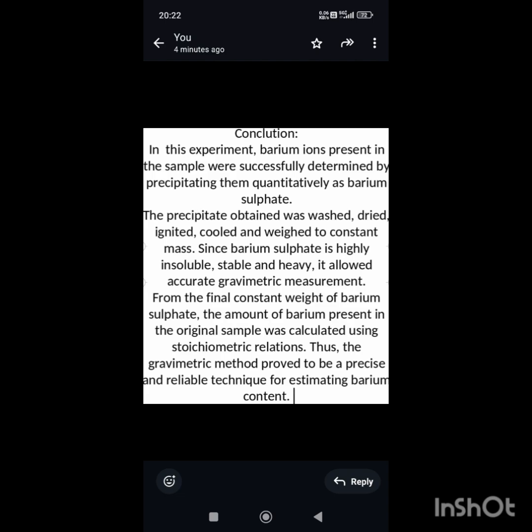Since barium sulfate is highly insoluble, stable and heavy, it allowed accurate gravimetric measurement. From the final constant weight of barium sulfate, the amount of barium present in the original sample was calculated using stoichiometric relations. Thus, the gravimetric method proved to be a precise and reliable technique for estimating barium content.